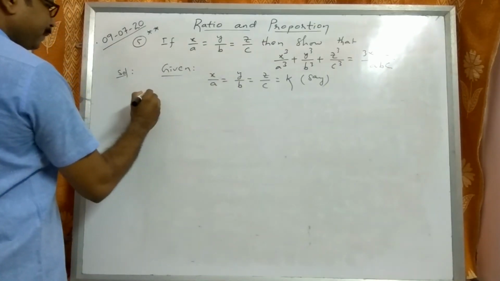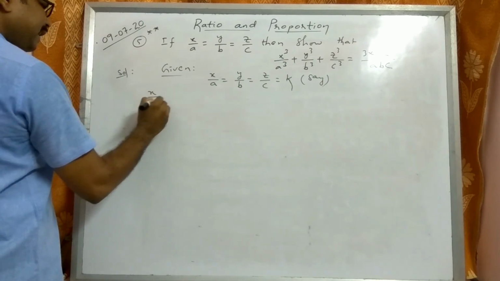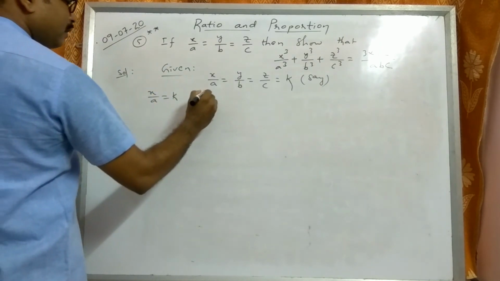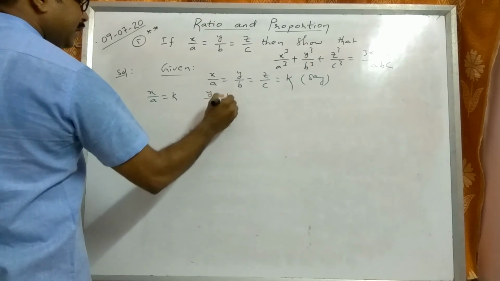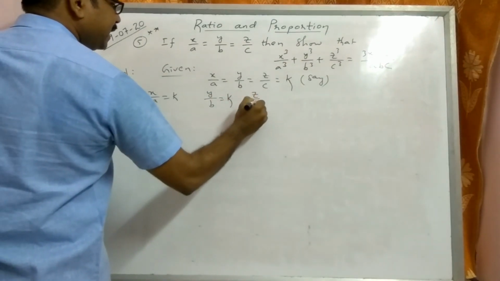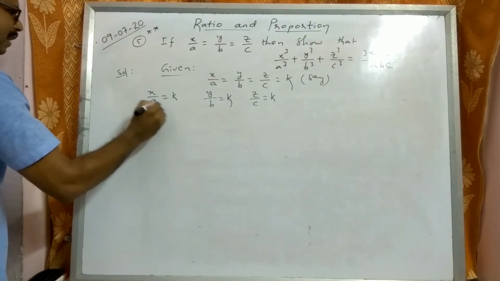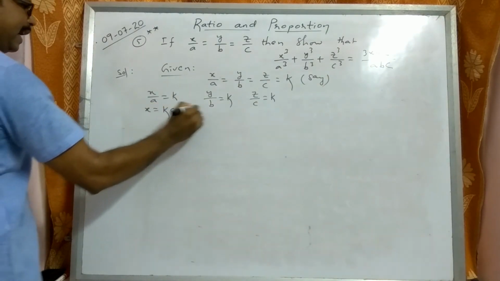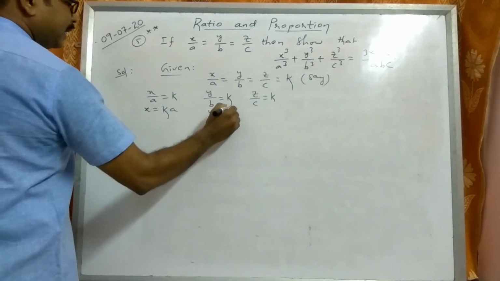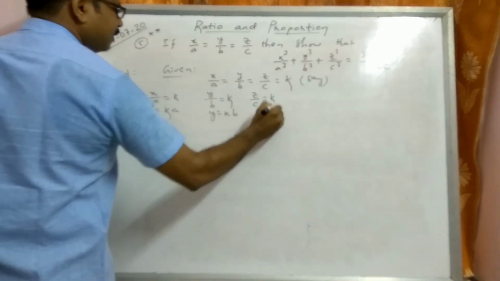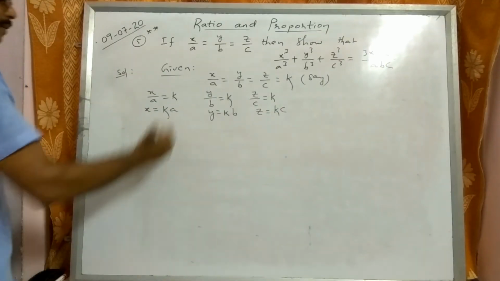Let it be k. That means x by a equal to k, y by b equal to k, z by c also k. Cross multiply: x equal to ka, y equal to kb, z equal to kc.